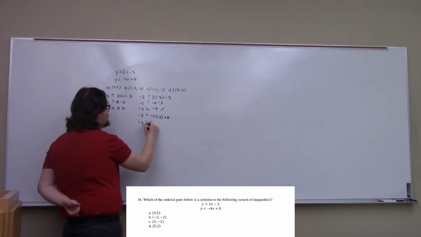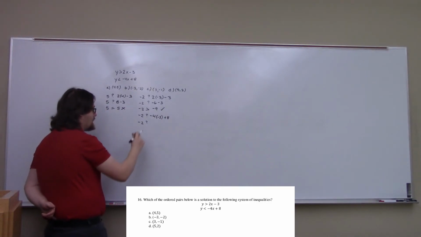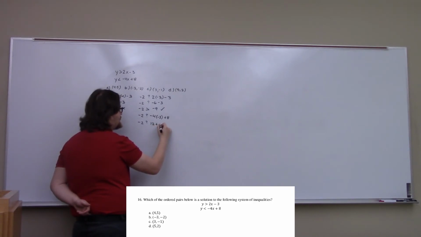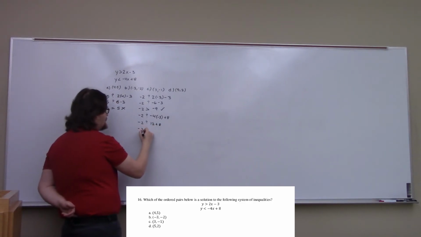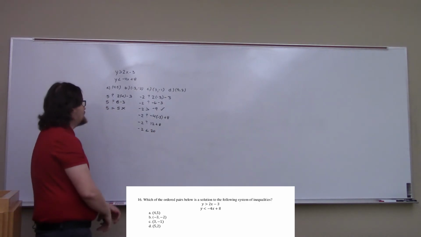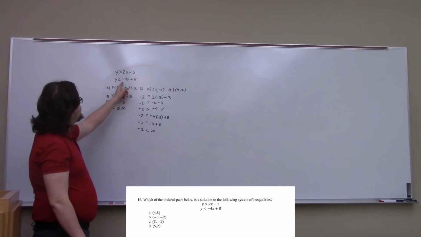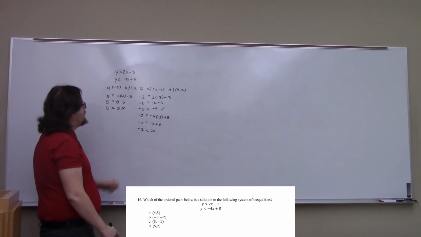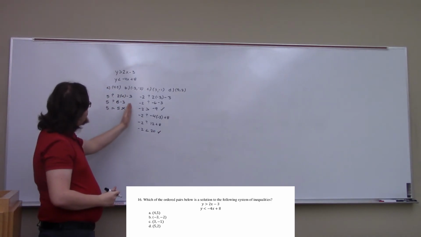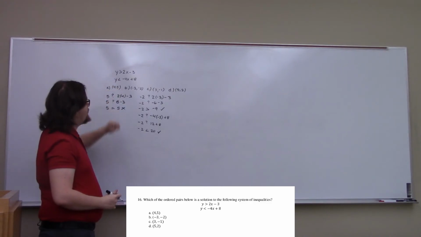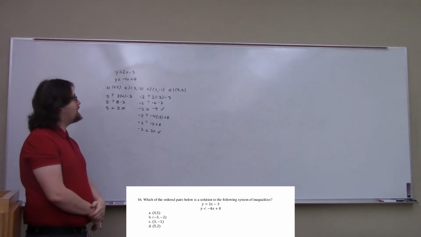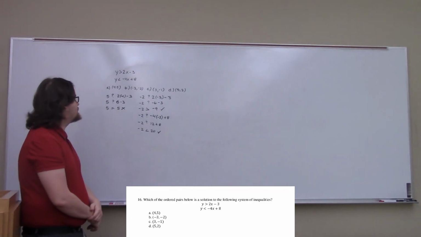So negative 2 somehow related to negative 4 times negative 3 is positive 12 plus 8, and that gives us negative 2 is less than 20. And we can see that this matches with our sign, so since it meets both criteria, our answer choice is going to be answer choice B. But let's go ahead and go through each of the other ones just for extra practice.